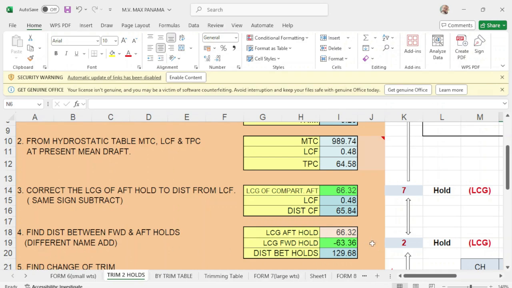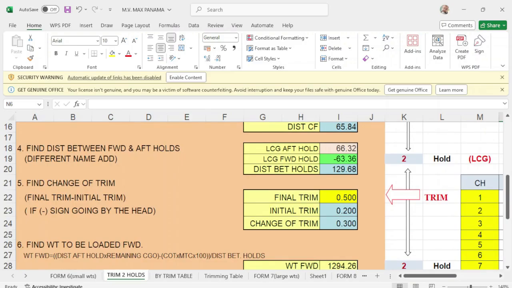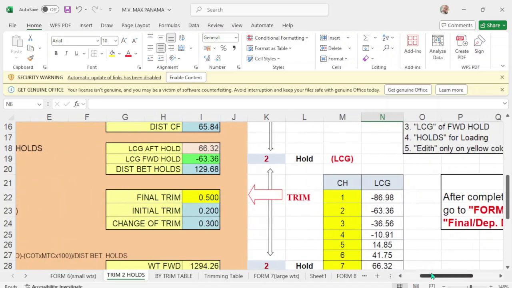Different name, add. Okay. So look, 7 is 66.32. This is your up hold. And number 2, or forward, LCG of forward hold is negative 63.36. Okay. Number 2, scroll down a little bit, is 63.36, which is this one.